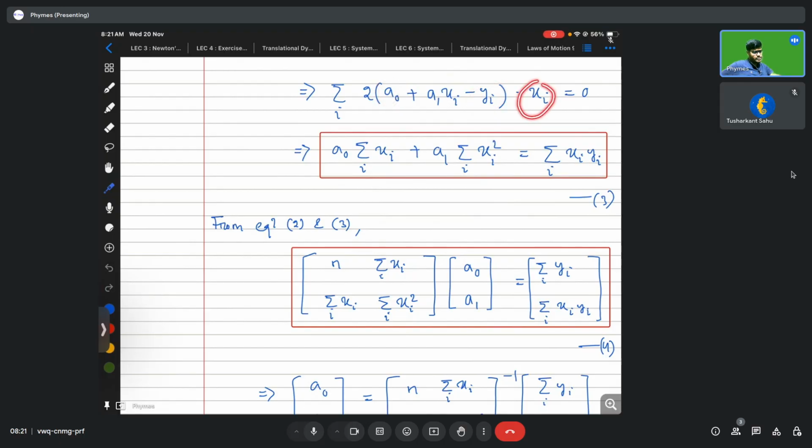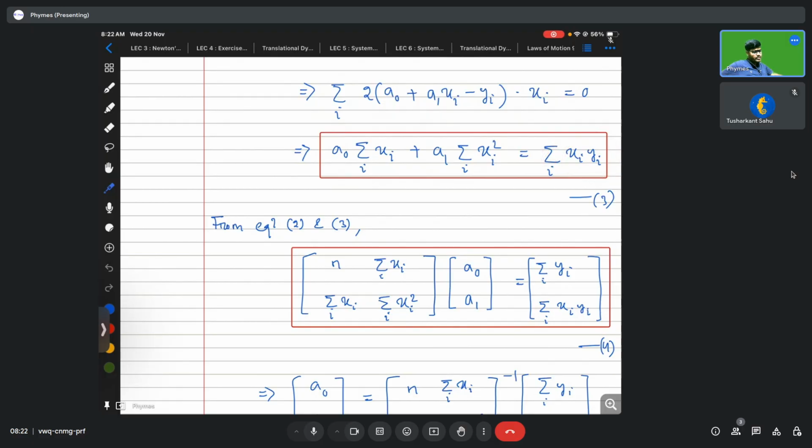So this xi is there, multiply this xi throughout this equation and take the summations. In the first term it will be a0 and summation of xi, and then a1 will be outside, and this is the summation of xi square. This is xi multiplied here, xi square, and for this term it will be summation over xi yi.